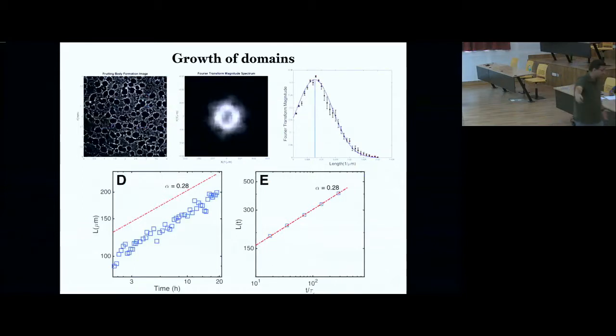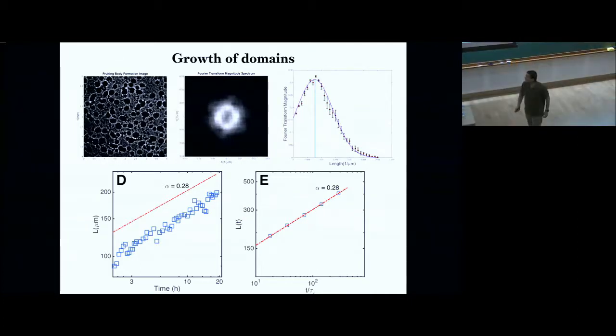So we want to ask now if these resemble these phase separation dynamics. So from snapshots like that, we are able to get a length scale by doing a Fourier transform on the image and getting out a length scale and asking how that length scale changes with time, right?